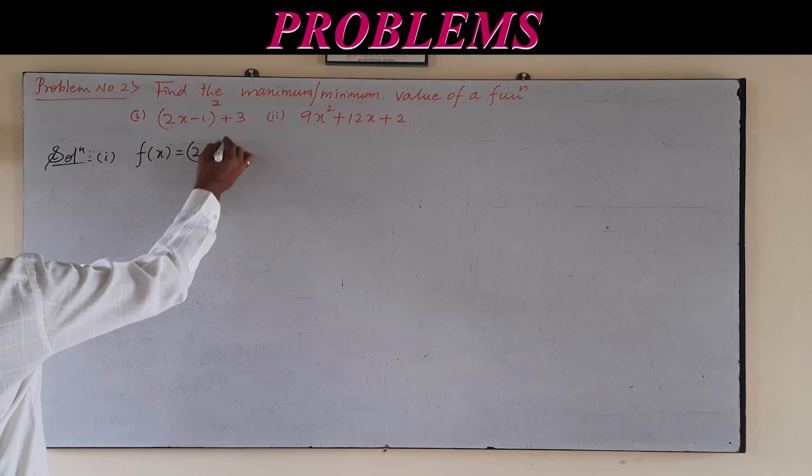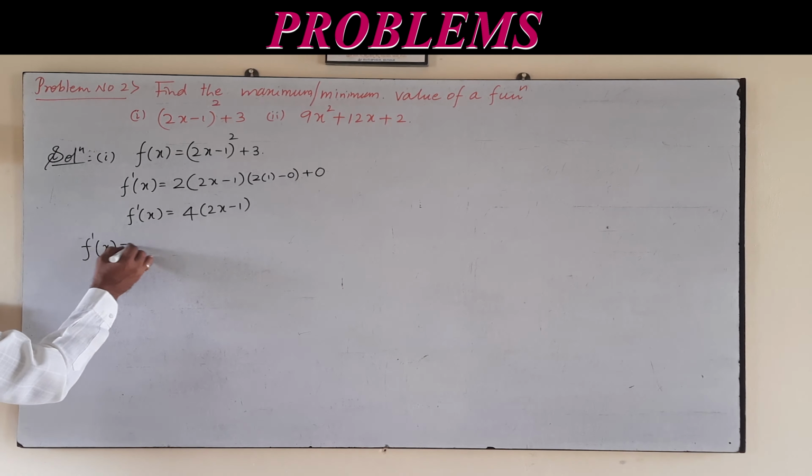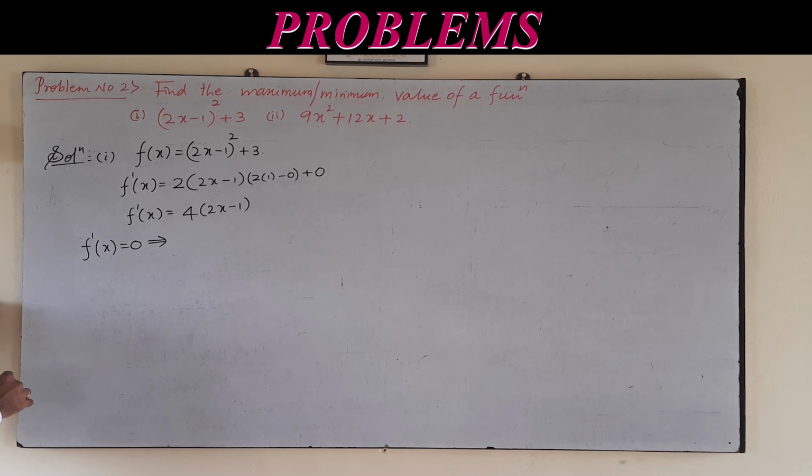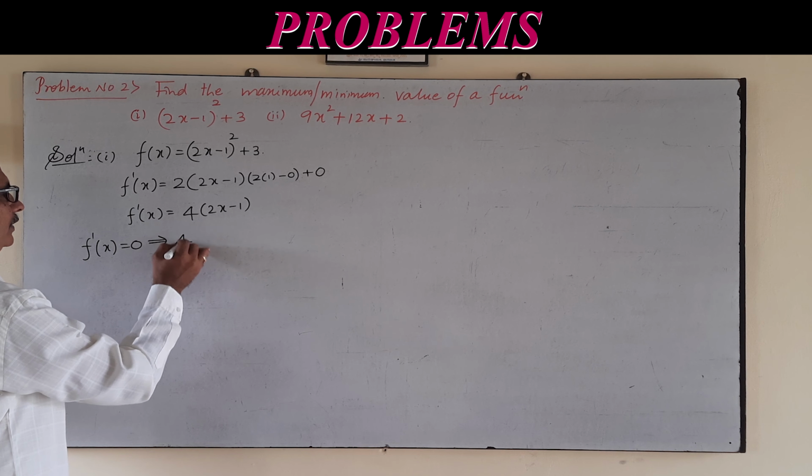Derivative of 2x is 2, constant, derivative of x is 1, minus derivative of 1 is 0, plus derivative of 3, purely constant, its derivative is 0. That is f dash x is equal to 2 into 2, 4 of 2x minus 1.